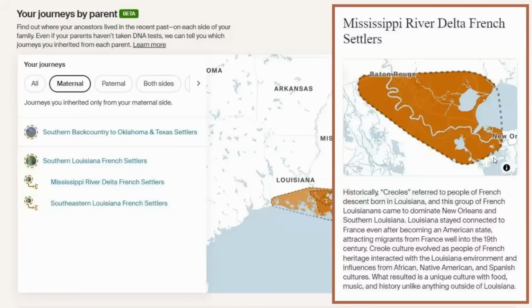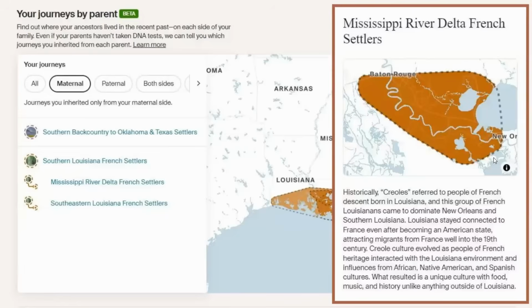Now, Creole culture itself evolved as people from French heritage interacted and had children with people of African descent, people who might have been Native American, and people from Spanish cultures as well. So it's very much a melting pot, or a pot of gumbo, of different things.